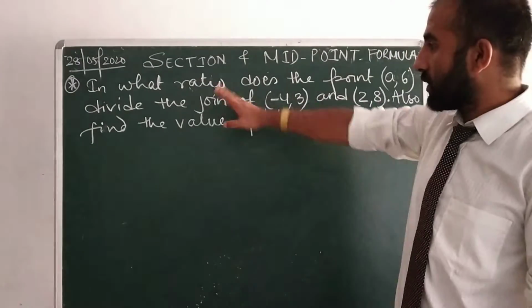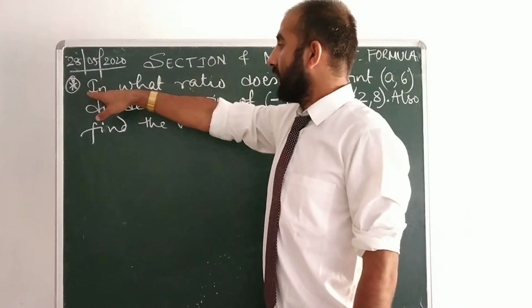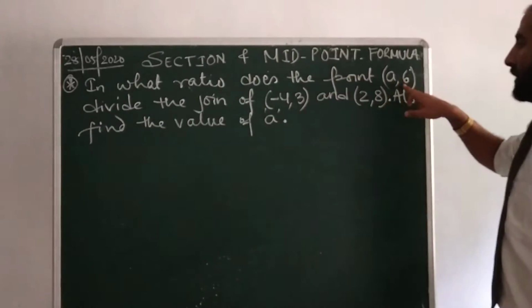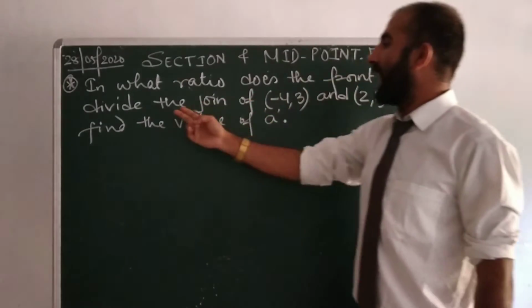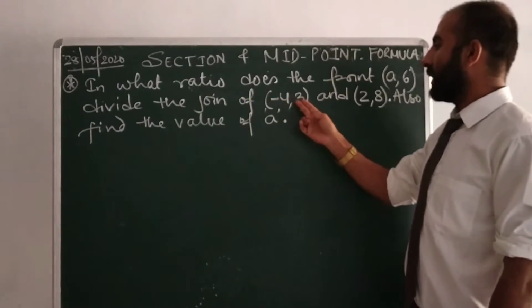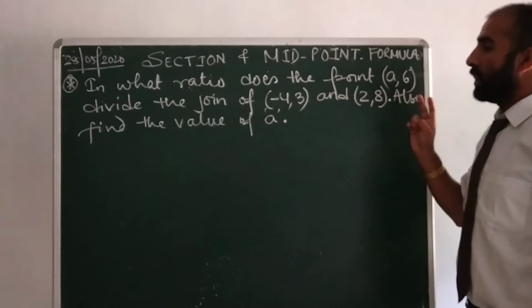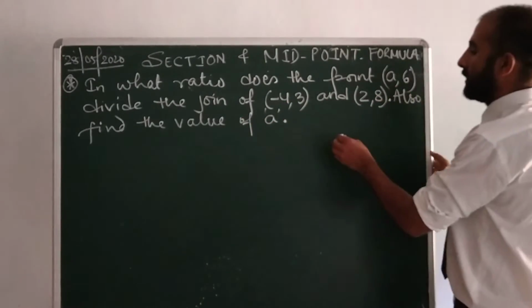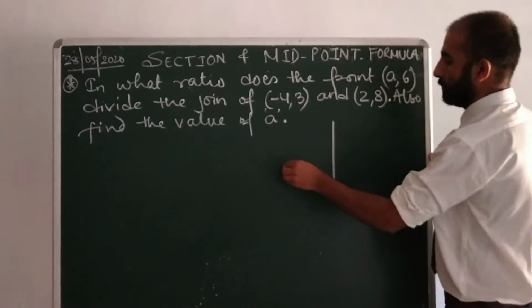Okay, in this question, see kids, in what ratio does the point (a, 6) divide the join of (minus 4, 3) and (2, 8)? Also find the value of a. Let me give you one diagram to explain.